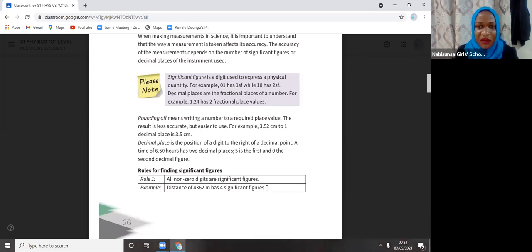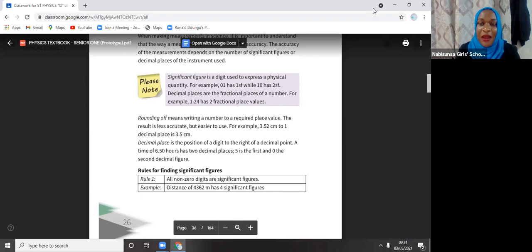To check if people have understood rule 1, how many significant figures does the number 126 have?